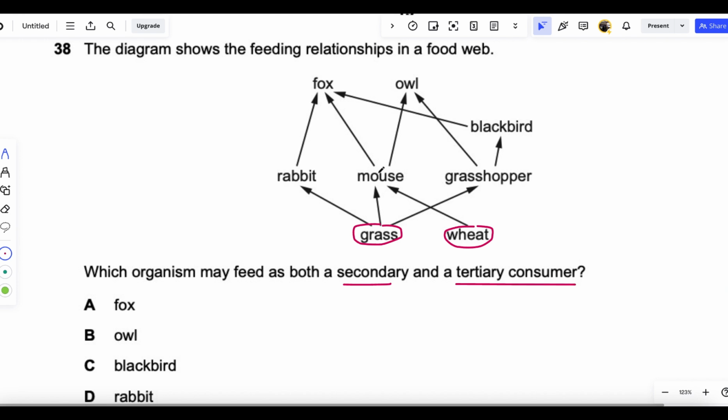Yeah, I think fox can act as tertiary. You know why? This is the primary consumer, this the secondary consumer. But if you go this route, this is primary, this is secondary, and this is not a tertiary consumer.